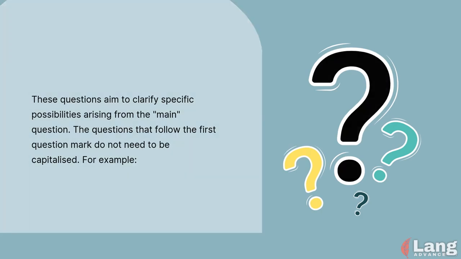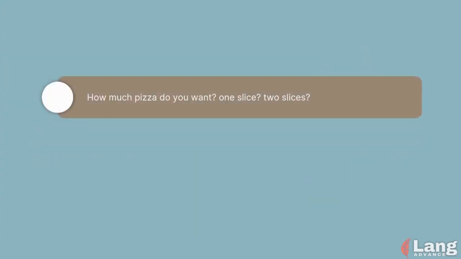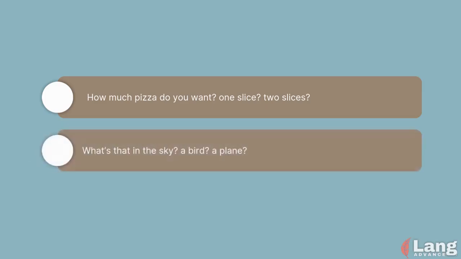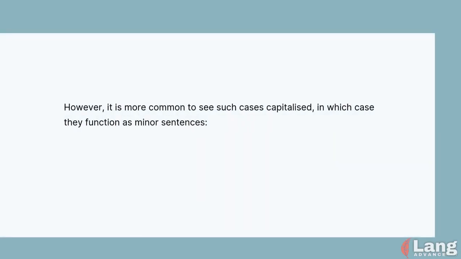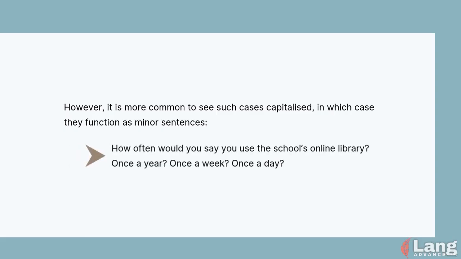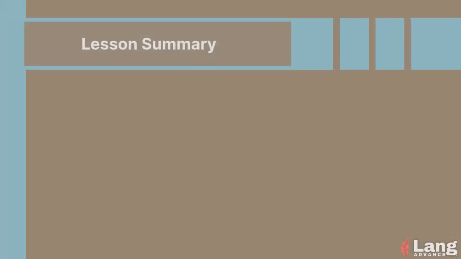For example, how much pizza do you want? 1 slice? 2 slices? What's that in the sky? A bird? A plane? However, it is more common to see such cases capitalized, in which case they function as minor sentences. How often would you say you use the school's online library? Once a year? Once a week? Once a day?